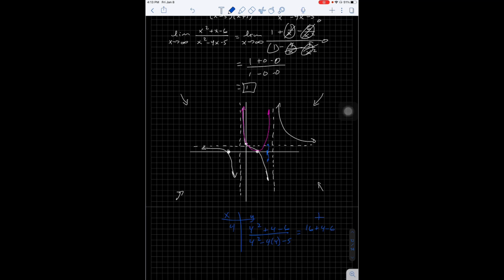This is a positive value. And down here, I get 16 minus 5. This is a negative value. So I get a negative value overall. So that means that I'm down here, which means I am the white graph on this guy. And that's your picture right there.